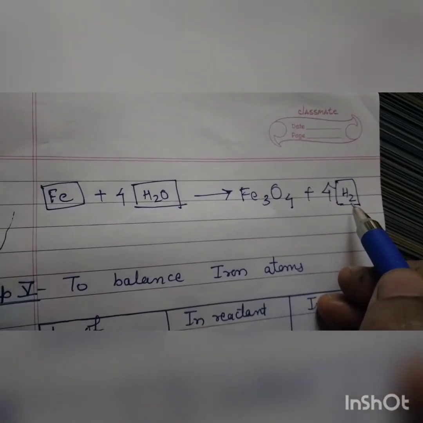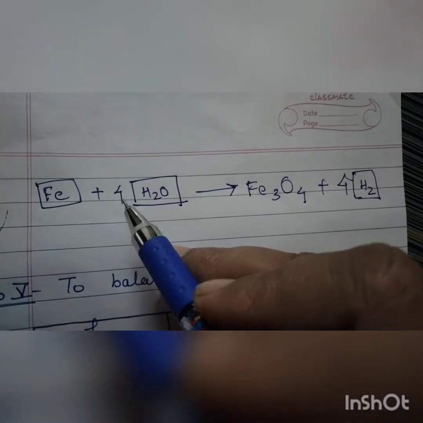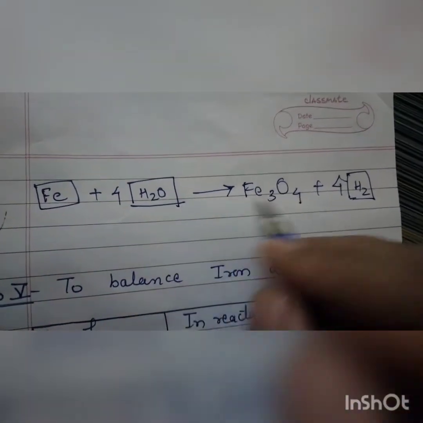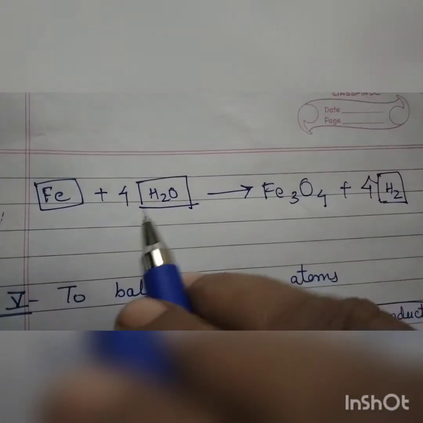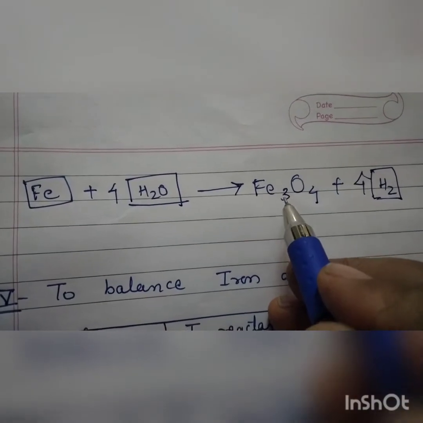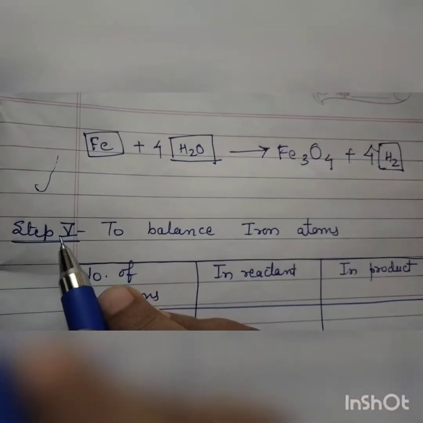Now it will be also 8 hydrogen, and here also 8. In this side oxygen is 4, and in this side oxygen is 4. So oxygen and hydrogen are balanced, but the number of iron atoms in reactant side it is 1, and in this side it is 3. So now we will balance our iron atom. That will be your step 5.